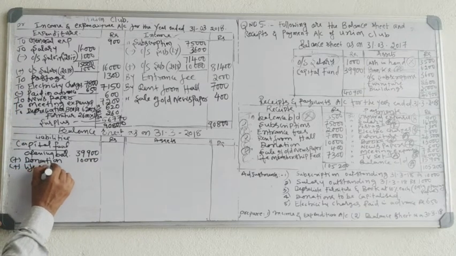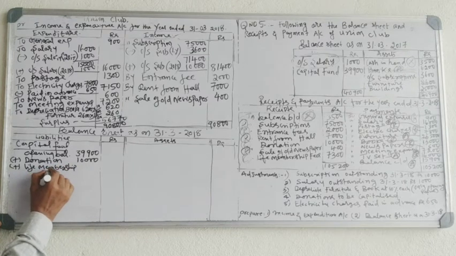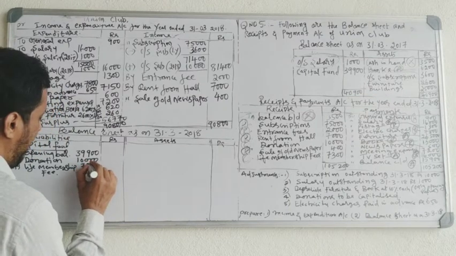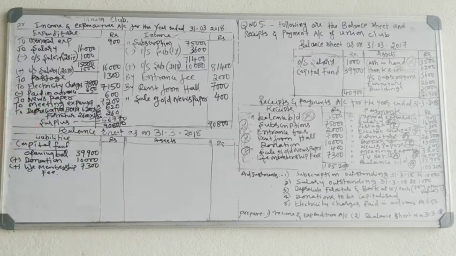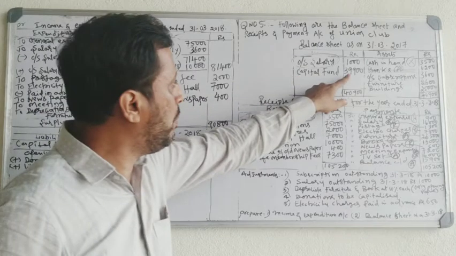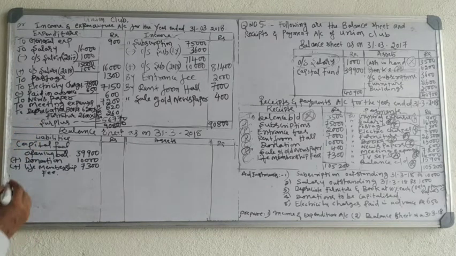Life membership fee 7,300. Okay, so I have taken capital fund opening value, then capital receipts were added here, and again add the surplus.